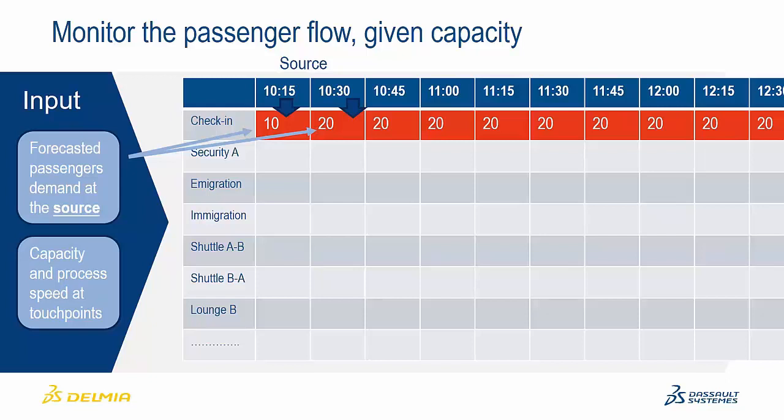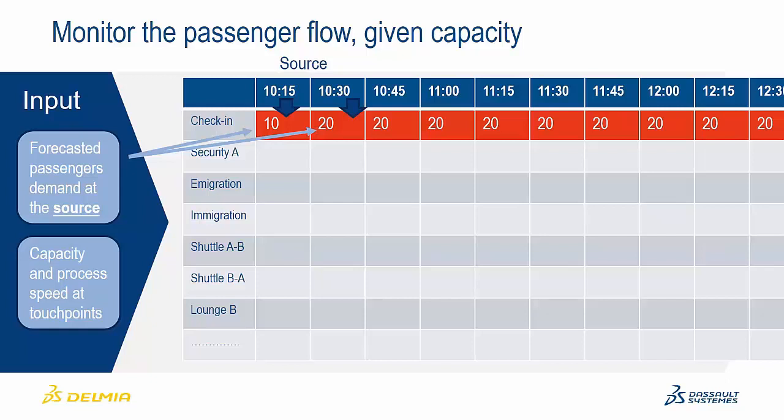So what we have now done is we have inputted the data for the forecasted passenger demand, and at 10:15 we expect 10 people to arrive at the check-in area. Since at the moment all the taps are still closed, so there are no resources available, that means that those 10 passengers are not being processed. So at 10:30 they're still at the check-in desk, and at 10:45 they're still there.